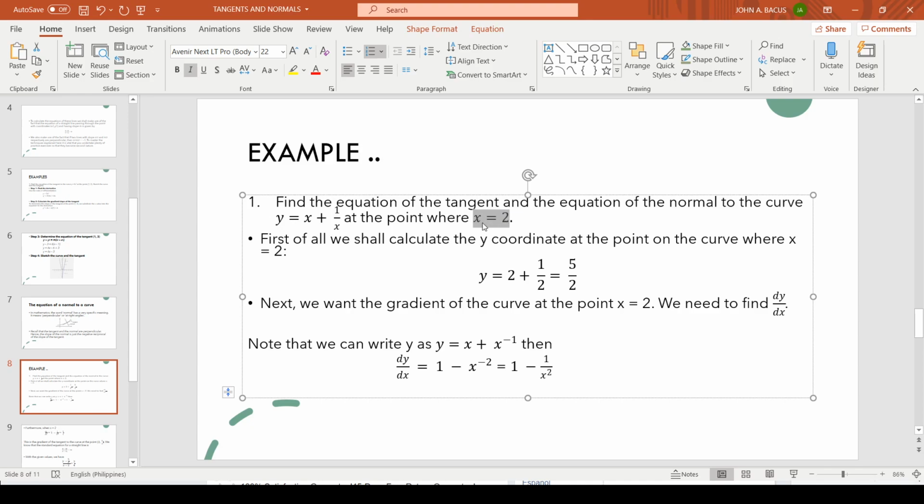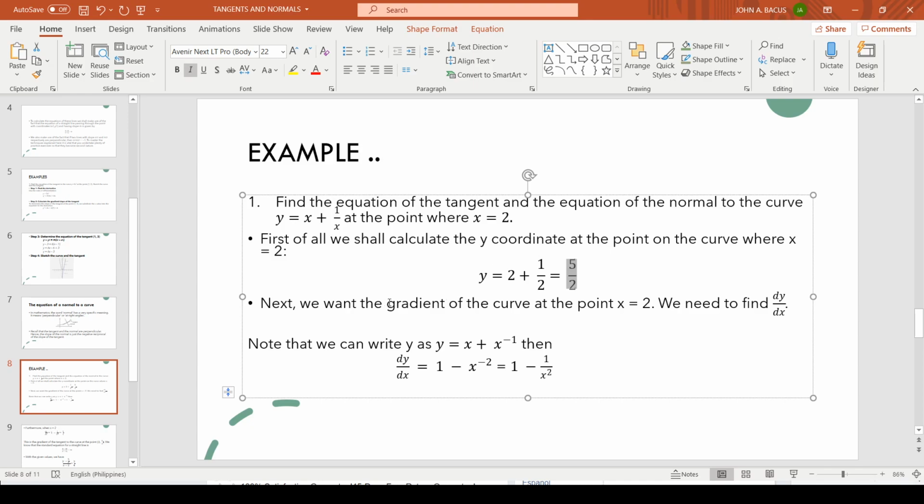So, first of all, we shall calculate the y value, the y coordinate at the point where x is 2. Simply substitute 2 as your x, so you can get y. 2 plus 1 half, that is 5 over 2. So now you have the point 2 and 5 over 2.